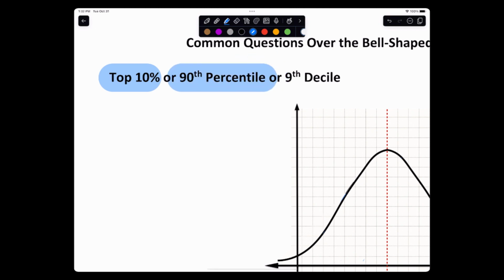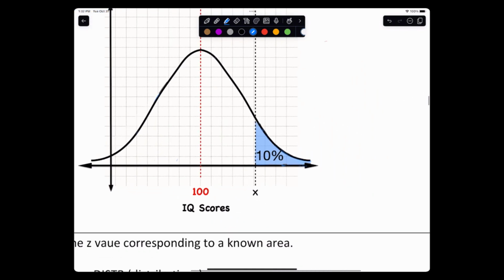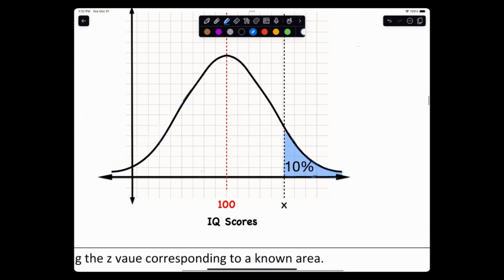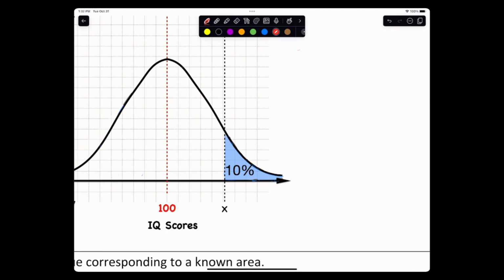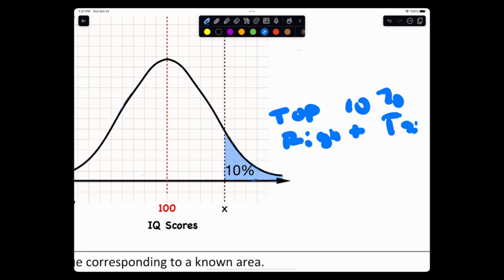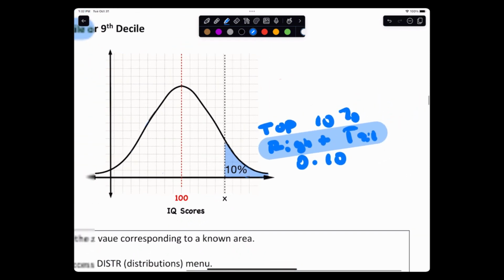You remember that? This is the top 10%, right? It's a right tail. 10% is 0.10. Those are all the things you want to know when you deal with the top 10%.